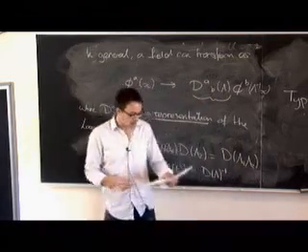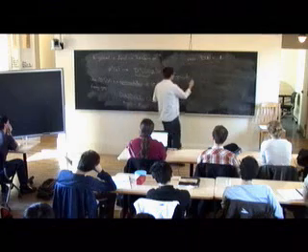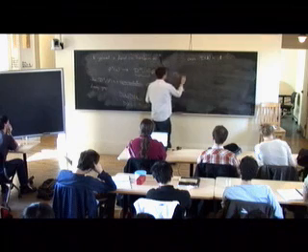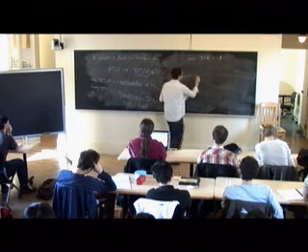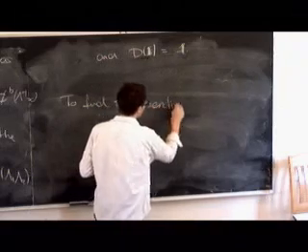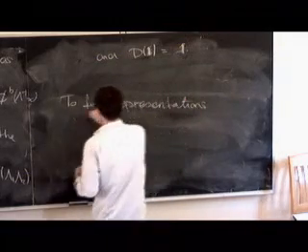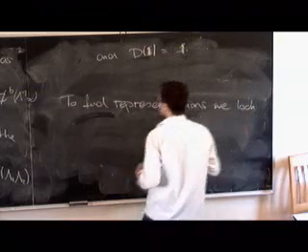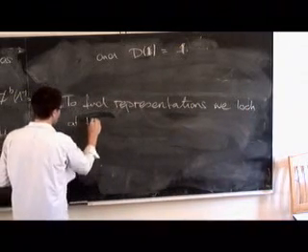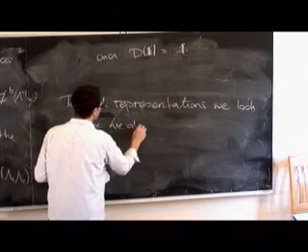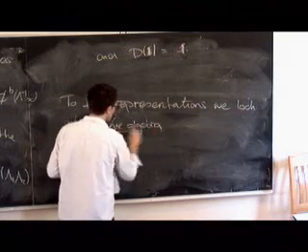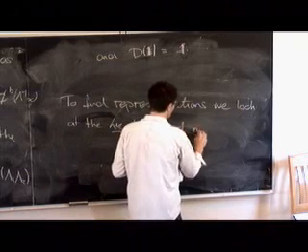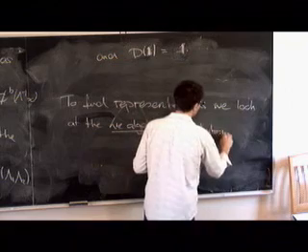Okay, so to find representations, and again, this is true of any group, we look at what's called the Lie algebra. What this means is we look at infinitesimal transformations.